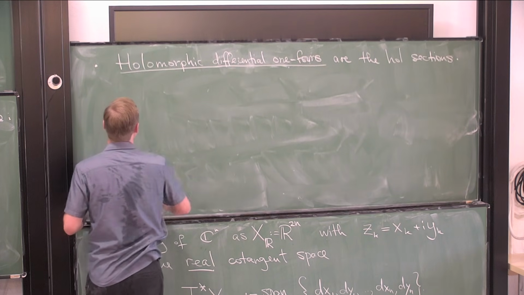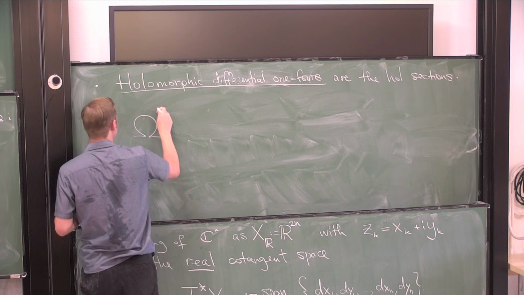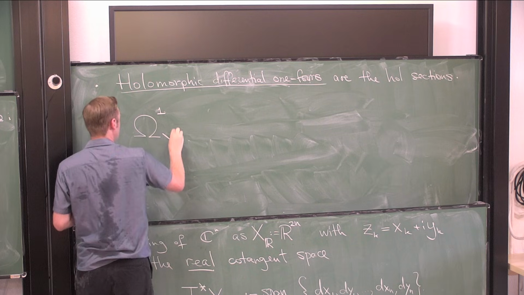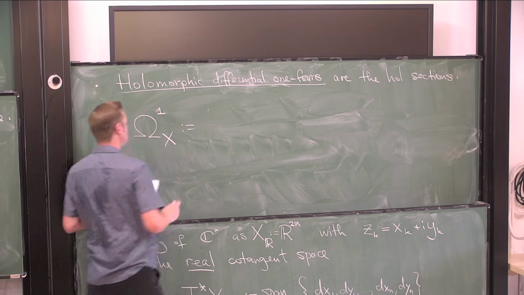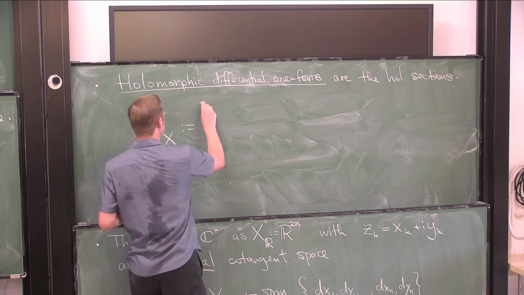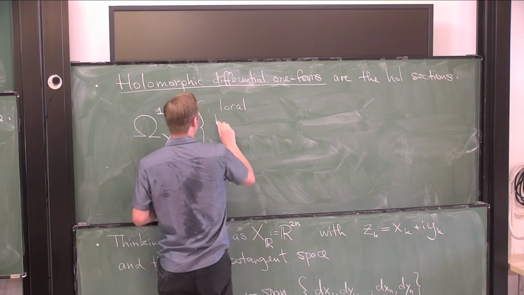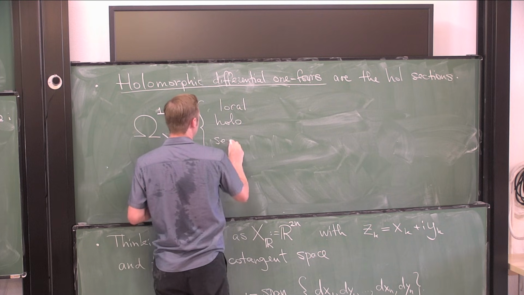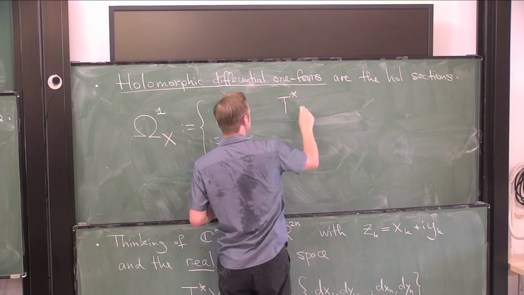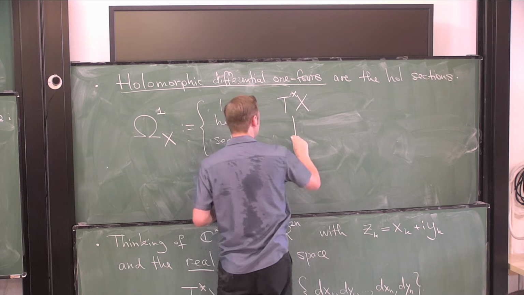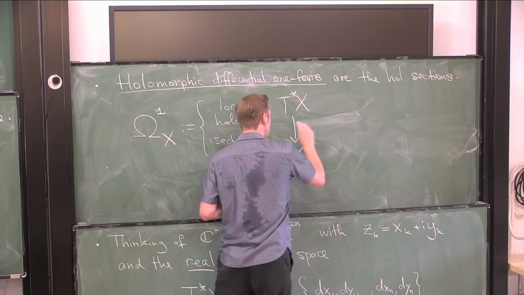The notation for holomorphic sections of this is usually capital Omega, 1 sub X. And without going into too much technical detail, you can think of this as the total set of all local holomorphic sections. Meaning, we have this complex manifold T*X mapping down to X, let me call this projection map pi.